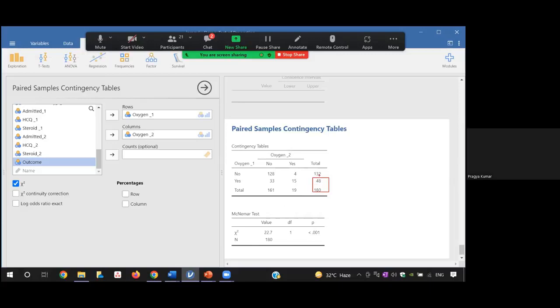And at the time of discharge, a total of 19 people were requiring the oxygen, because this is the yes after, at the time of discharge, this oxygen.